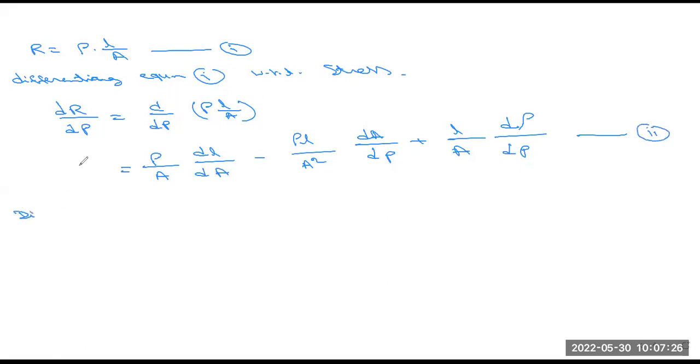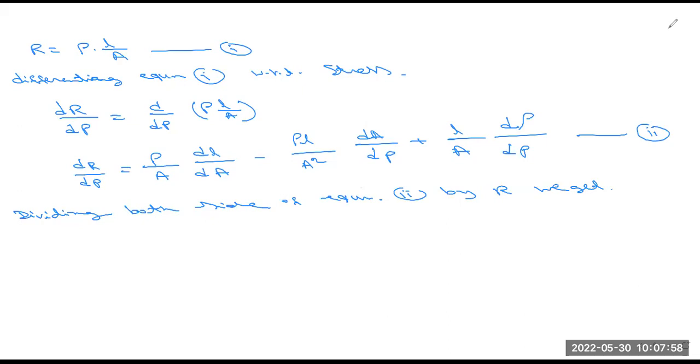Now dividing both sides of equation 2 by R, we get... so we have to divide both sides by R, and we also have to apply R is equal to rho L by A in the different positions.